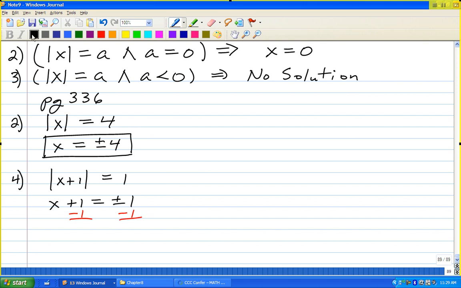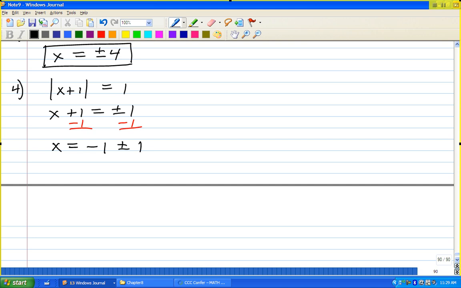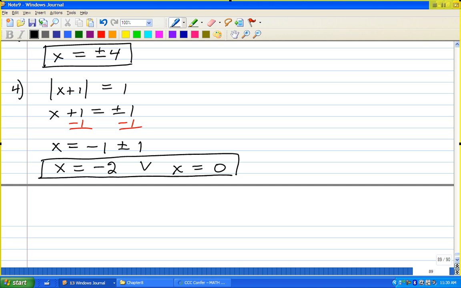And so x is equal to negative 1 plus or minus 1. Well, negative 1 minus 1 is negative 2. Negative 1 plus 1 is 0. And so x is equal to negative 2 or x is equal to 0. So in this case, you have two solutions, just like what you had above.